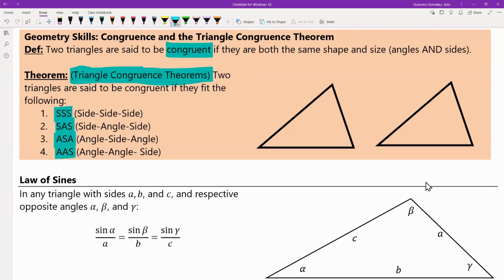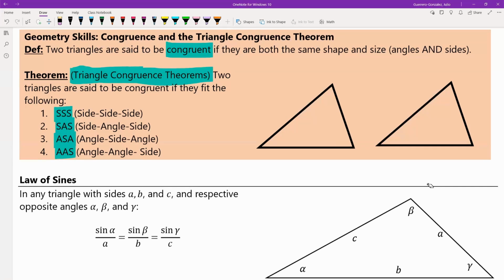If you have two triangles that match any one of these four, then they are said to be congruent. There's no possible way that two triangles that fit any of these four are going to be different. The idea behind these is that you have to do them in order.